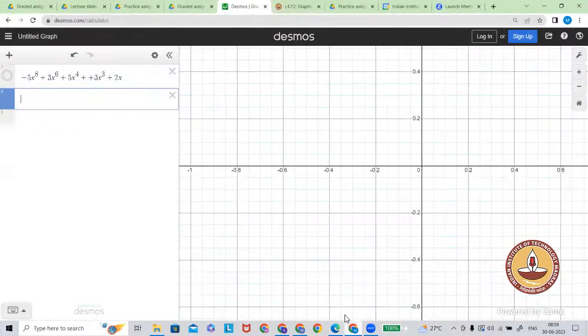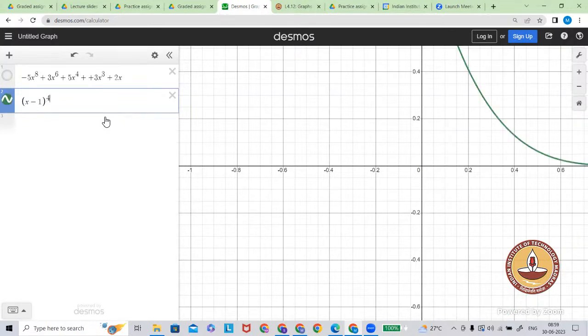So let's see how the graph is, whether our graph is correct or not. So we have x minus 1, this is 4, I think so, and then after that x is there, so this is x to the power 2, I think, and then x minus 1 is there.